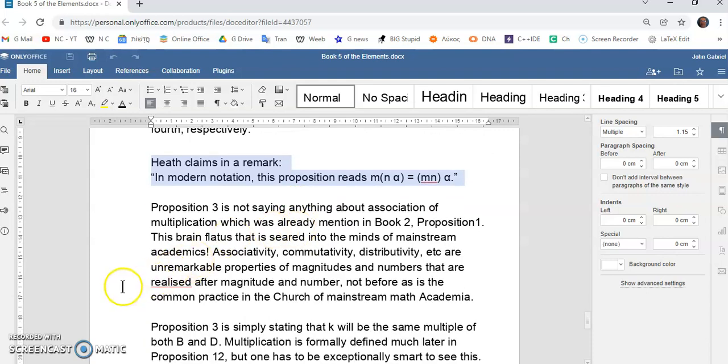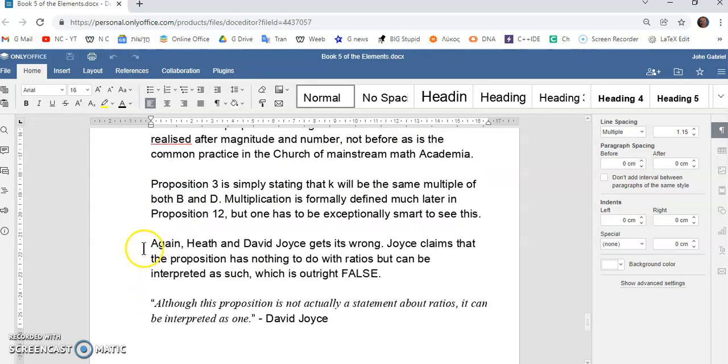So it's not saying anything about associativity or anything else that Heath and anyone else in mainstream academia might think. It's simply stating that K, or some magnitude, called whatever you want to call it, will be the same multiple of B and D.